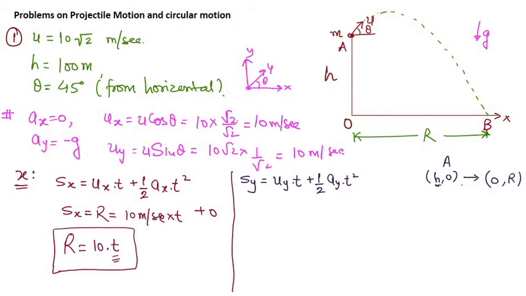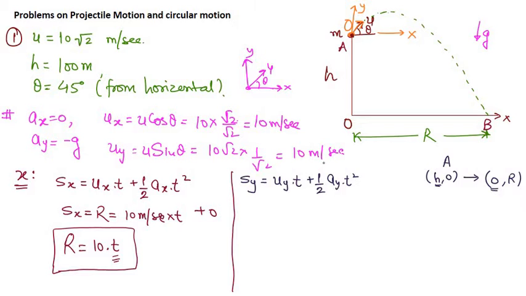So in the y direction you have changed from h to 0. If you take the point of projection as your origin, then this will be your x-axis and this will be your y-axis.